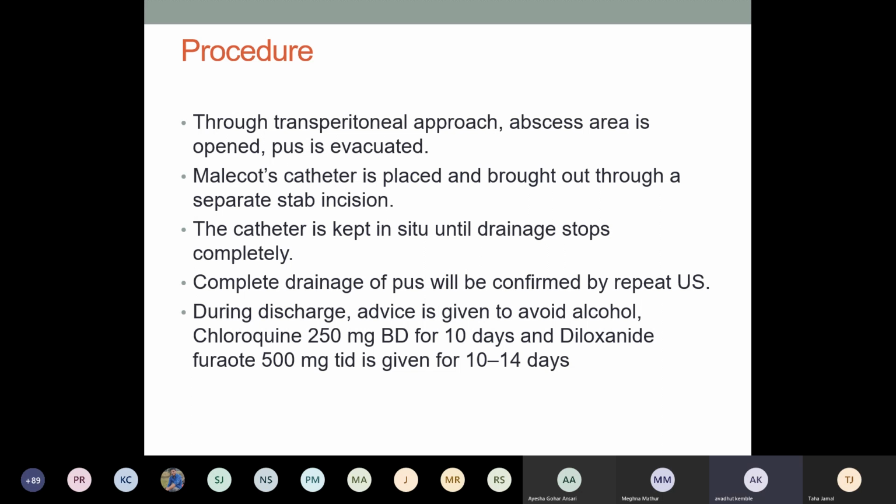The complete drainage of pus will be confirmed by repeat ultrasonographic examination. During discharge, the advice is given to avoid alcohol, chloroquine, hydroxychloroquine, and so on.